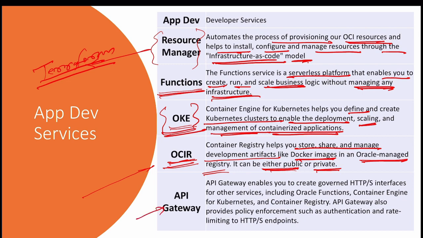Next we have API Gateway. API Gateway enables you to create and govern HTTPS traffic or interfaces for other services, including Oracle Functions, Container Engine for Kubernetes, and container registry. API Gateway also provides policy enforcement such as authentication and rate limiting to HTTPS endpoints.